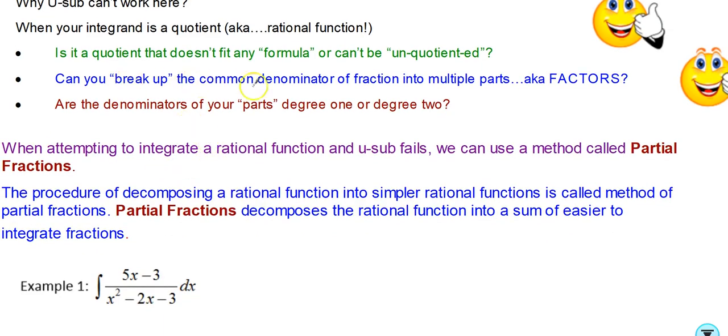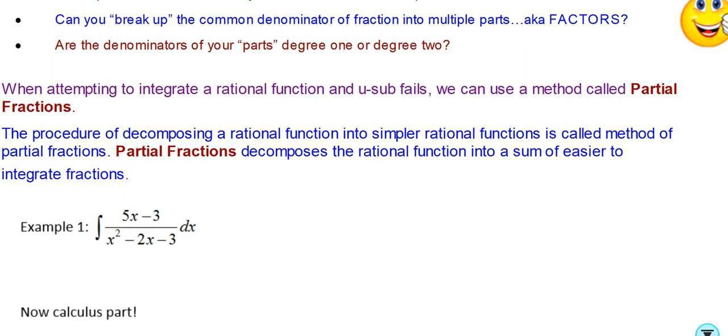Can you break up the denominator into multiple parts known as factors? Are the factors of your denominator degree 1 or degree 2? What that means is the linear factors. The parts have to be degree 1, meaning an mx plus b factor. Degree 2 means a quadratic factor.